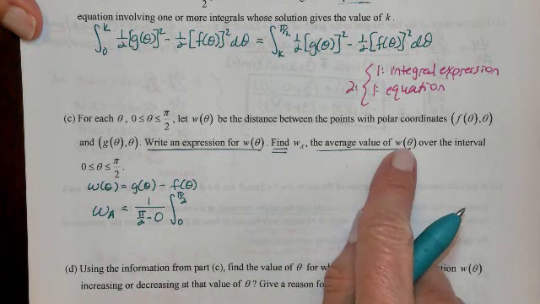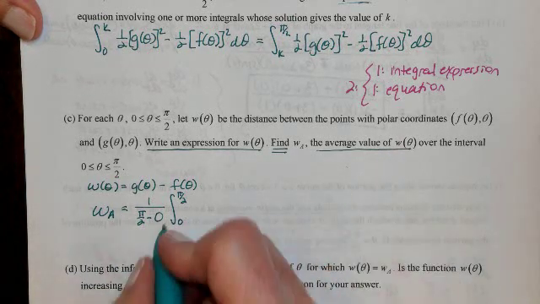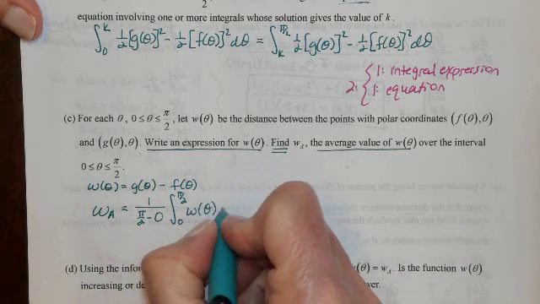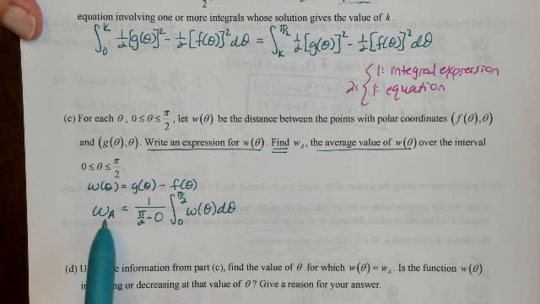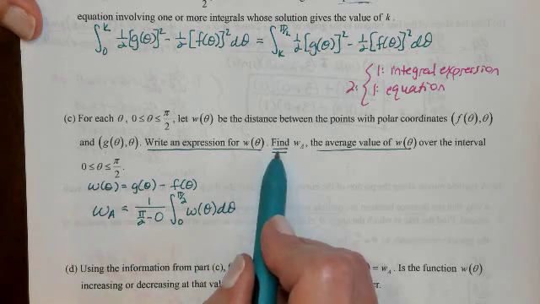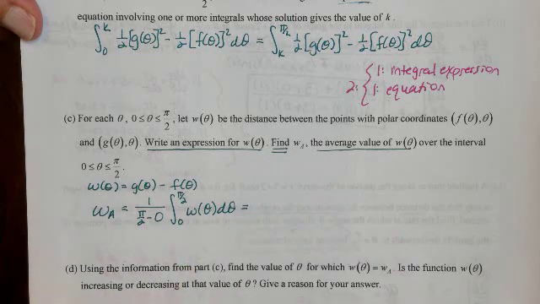And I'm averaging w, right? So that would be the average W, and I need to find it, so I need to stick that in my calculator.